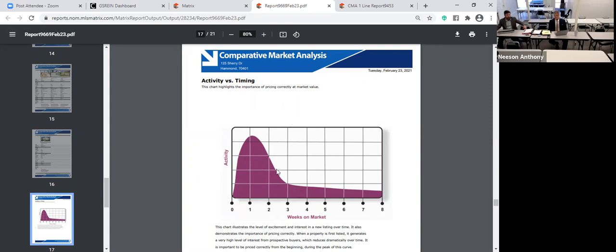Because after week 2, it bottoms out. And if you're way over here and you've been on the market for 6 weeks, well, there's not a lot of people looking anymore. So now you make a price change, like maybe it gets seen by a lot of people, maybe it doesn't. Like, let's price it correctly in the beginning, so that way we see the most people taking a look at it.